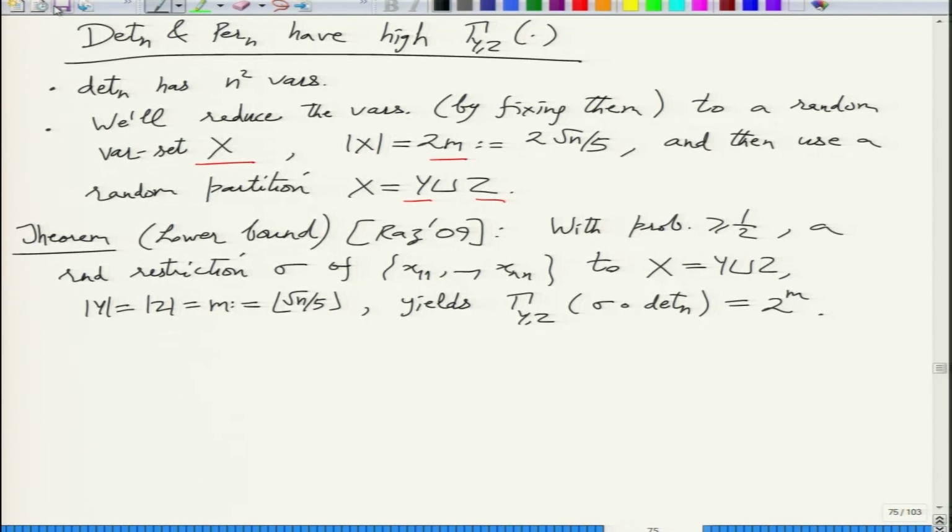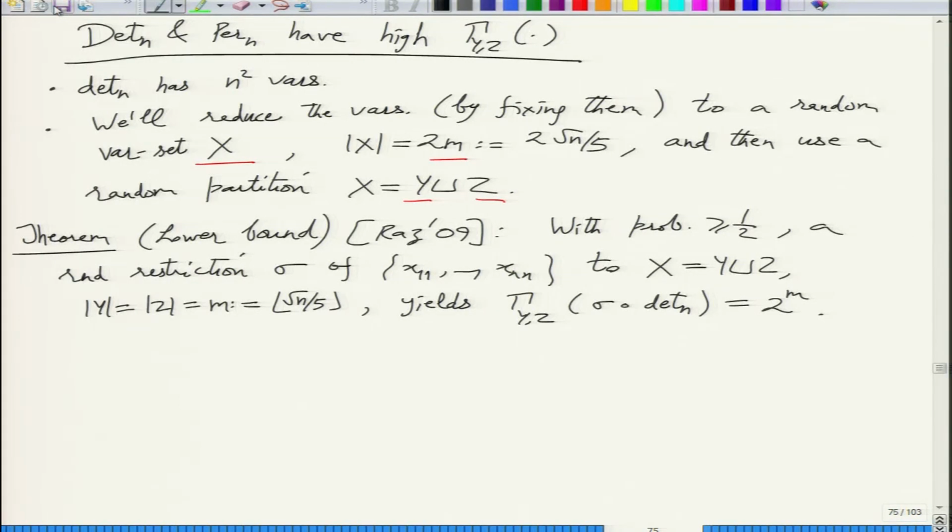So remember that there are 2m variables. So in the exponent you are getting half of that, and when you compare this with the previous theorem, the difference you got is basically giving you a lower bound on S. So it's exponential, but since m is square root n, you get that S is at least 2 raised to square root n.